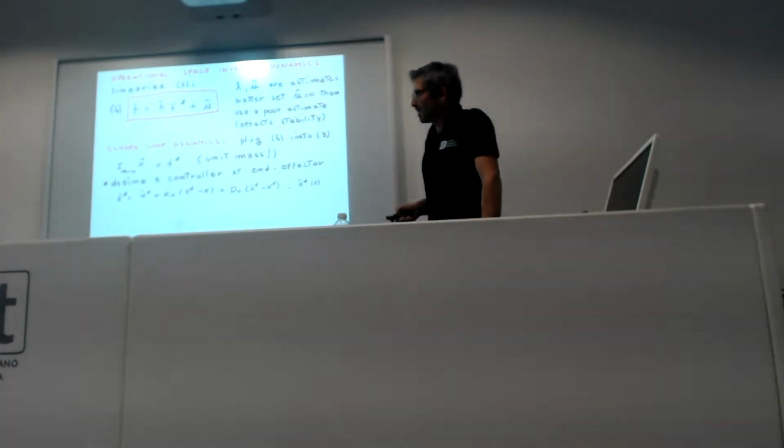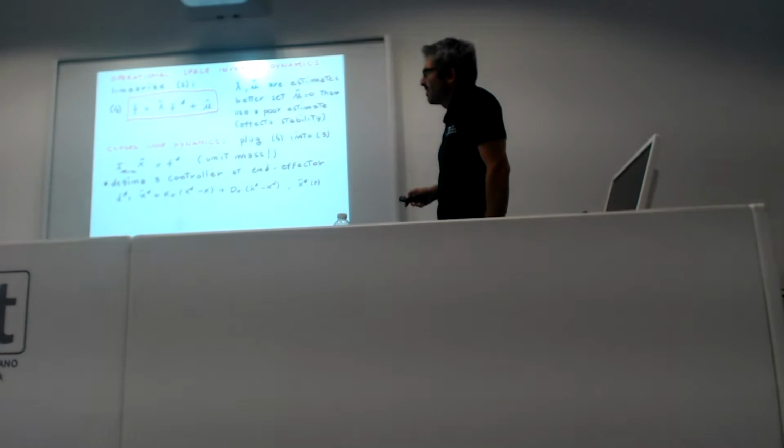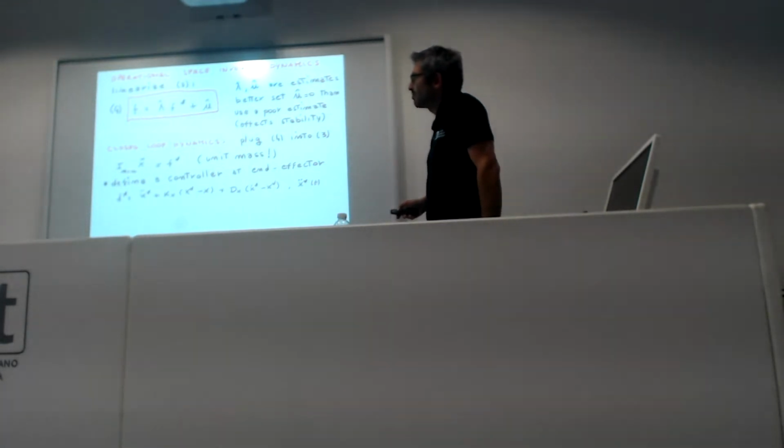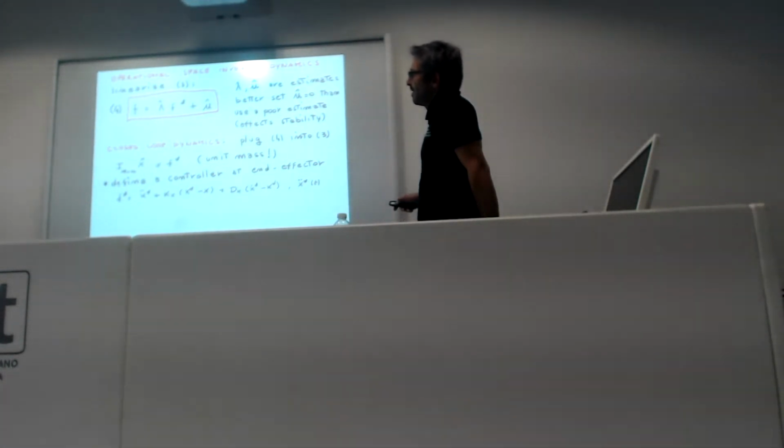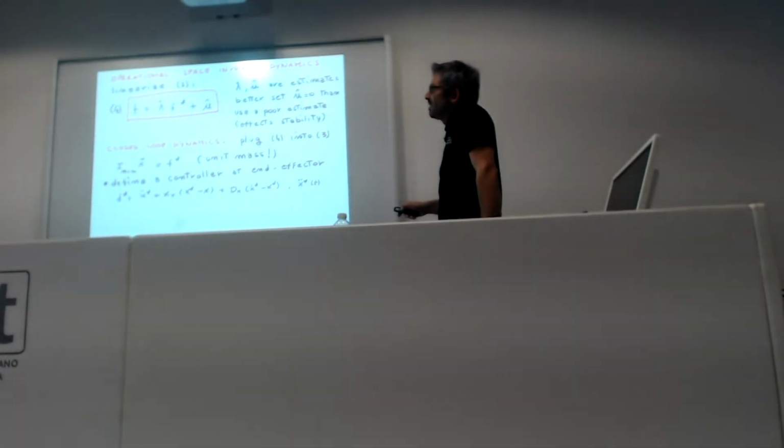But the cool thing is that then we can define a new controller wherever we give the operational space desired acceleration, and we close a PD at the operational space.